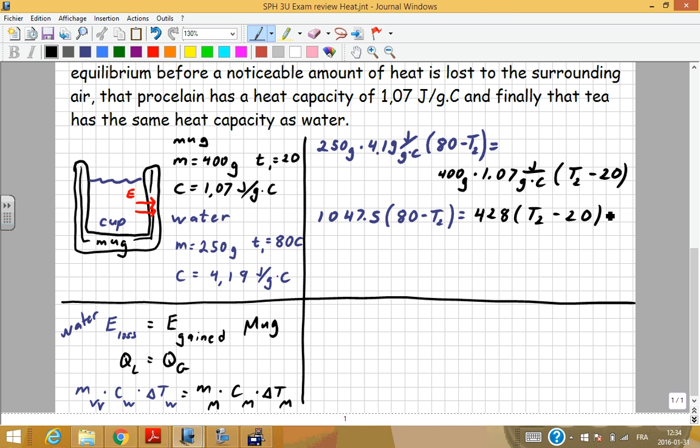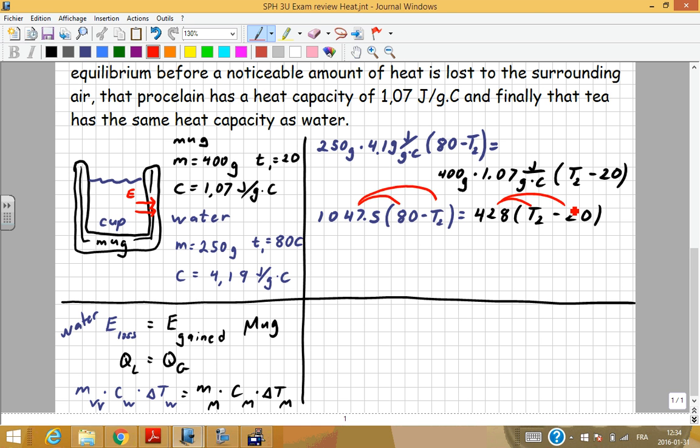Okay, from here on, it really is just plain algebra. This would be like probably grade 10 level because you have a bracket and you have the variable on both sides. You would have started learning this in grade 9, but by grade 10, you should be able to master this. So this will have to be distributed when you expand it.